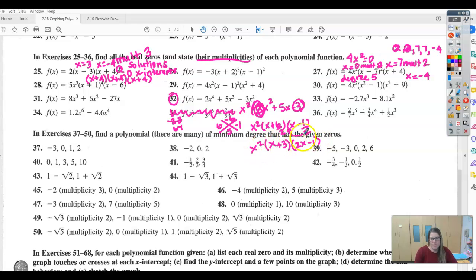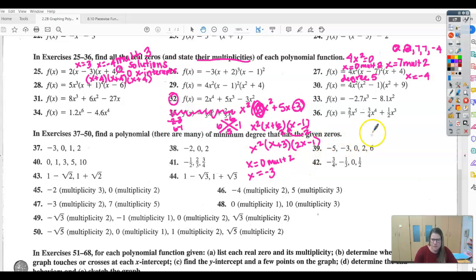So now I have factored form, and since it's now in factored form, I can find the zeros and I can state their multiplicities. So remember, for x out front, that's just going to be 0, and because it's squared, that would be multiplicity 2. For x plus 3, my 0 would be x equals negative 3, and because it doesn't have an exponent, it doesn't have a multiplicity, it just happens one time.